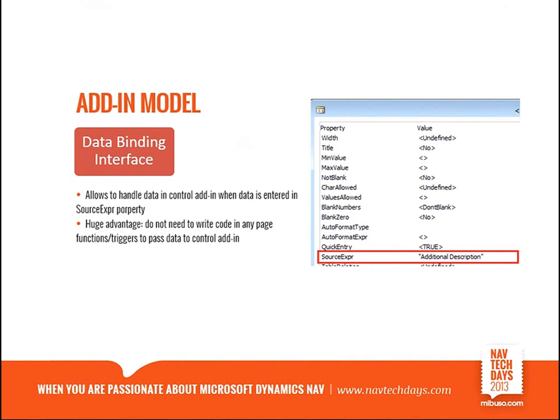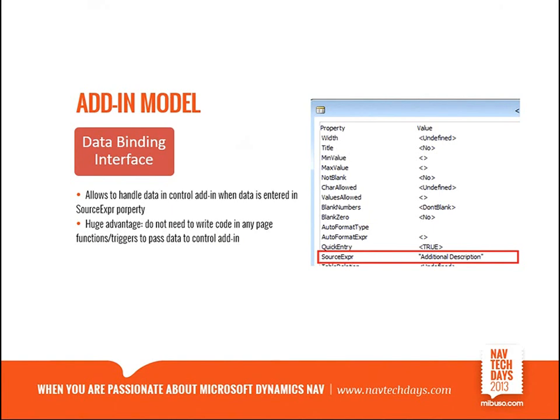Inside of this property, you define the add-in name. For the source expression and data binding, you can directly bind or map global variables or database fields to the add-in by entering one of these fields or global variables in the source expression property.